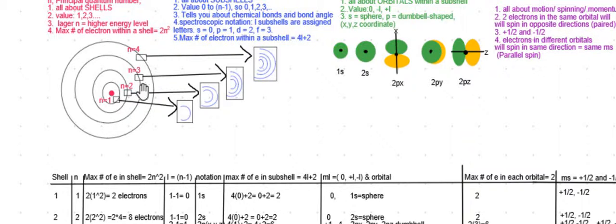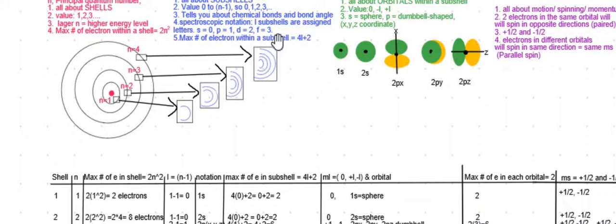When n is equal to 3, L is 0, 1, 2. ML would be 0, plus 1, minus 1, plus 2, minus 2. The letters assigned will be S, P, D, because when L is 2, the letter sign is D. P has 3 orbitals, like I said, and D has 5 orbitals.